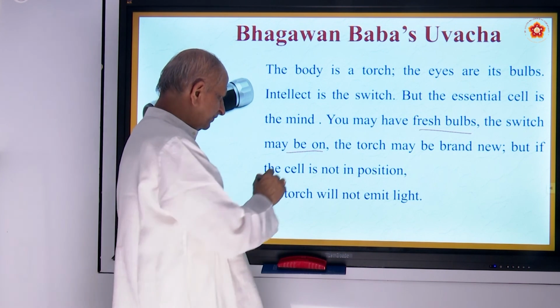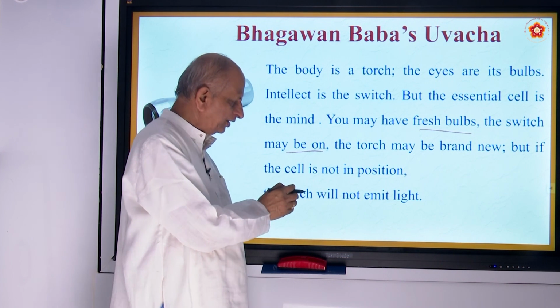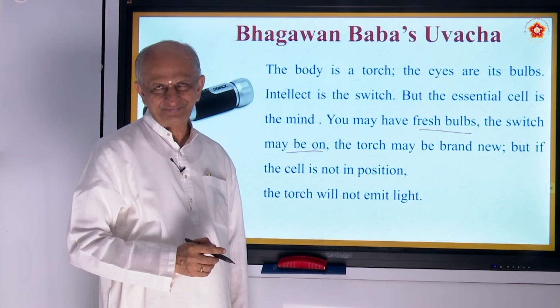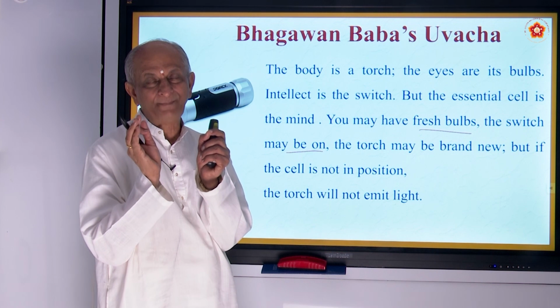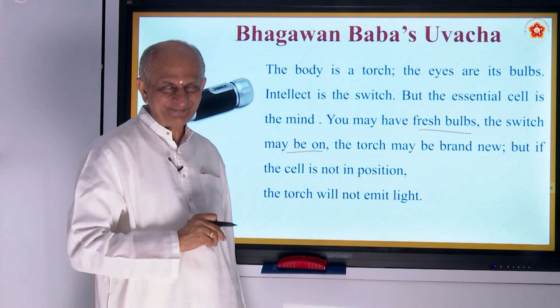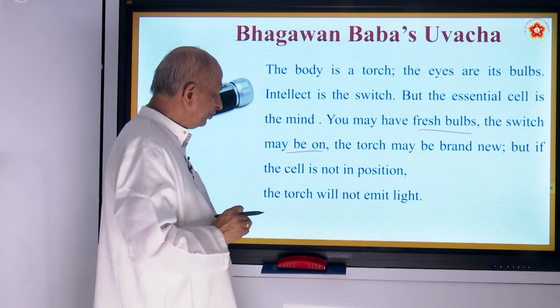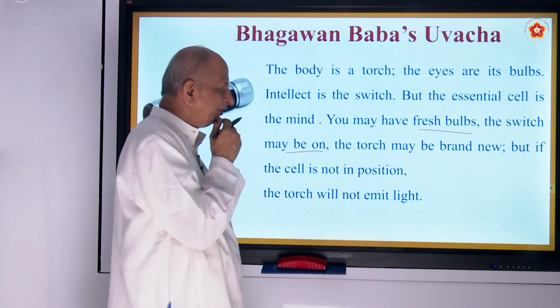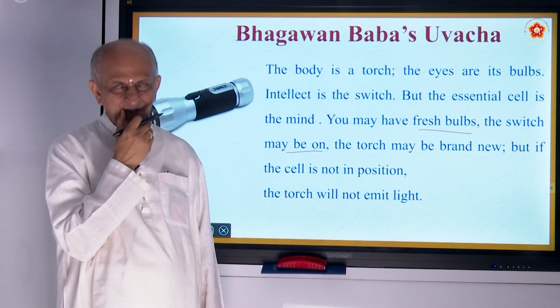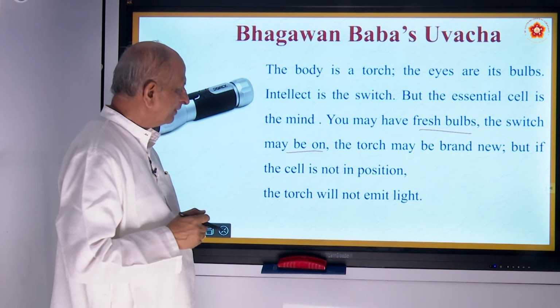But if the cell is not in position, the torch will not give light. So cell should be kept properly, plus minus connected to each other, correct? Means mind should be in control. The mind is in control, then only there will be good use, correct? So that is what Bhagwan Baba says.